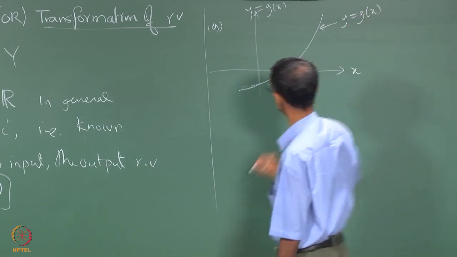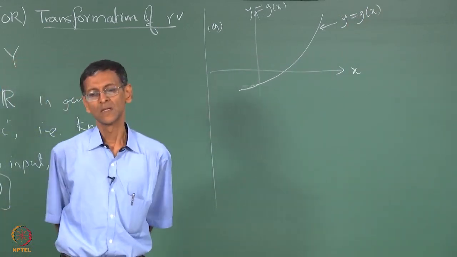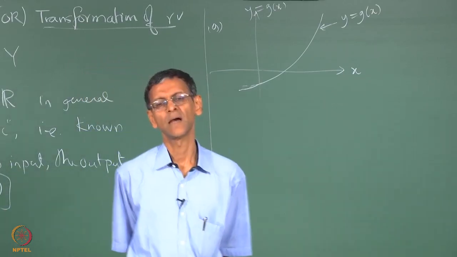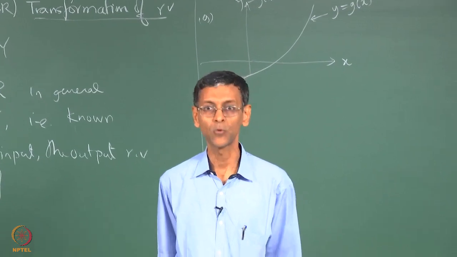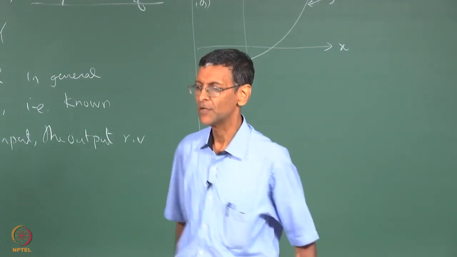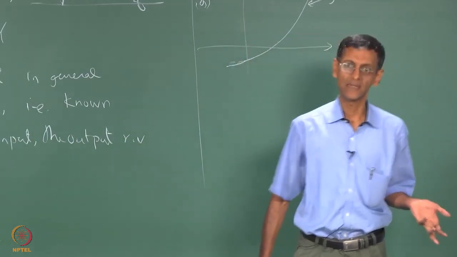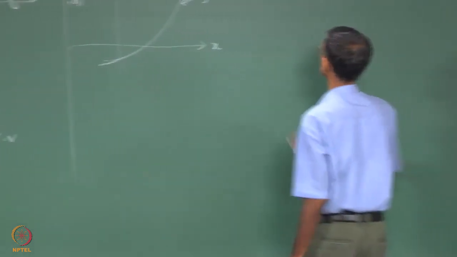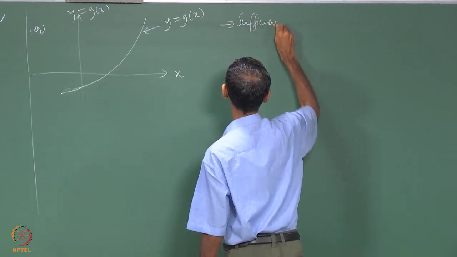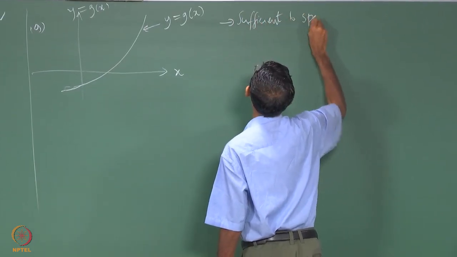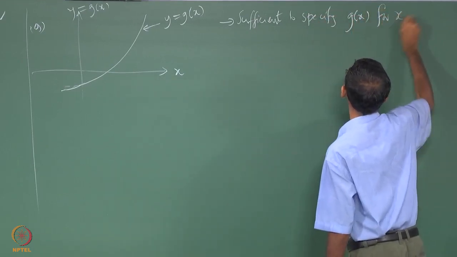It turns out that in general I do not need to worry about G for all of R, because in many cases the range of x, omega x, is finite, is bounded. So you really need to specify G only for omega x. Let me make that point clear first. It is sufficient to specify G of x for x in omega x.